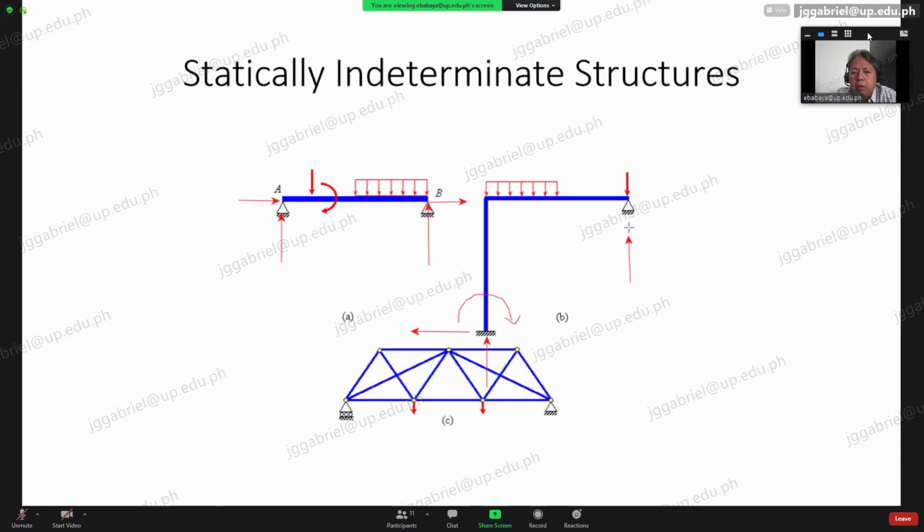I have here one, then two. So instead of only three, our unknowns became five. Now, what about this one? It's still the same. You have the same support reactions.